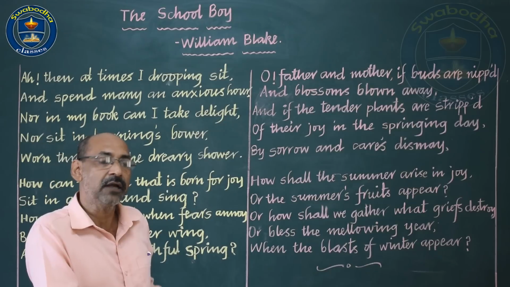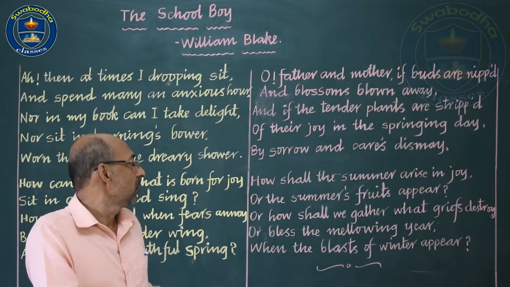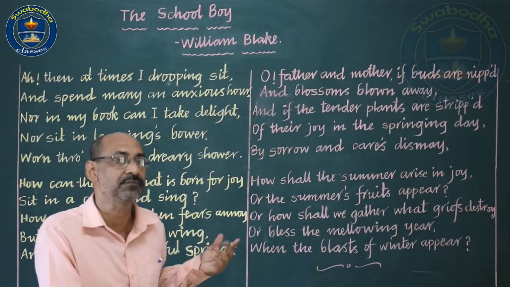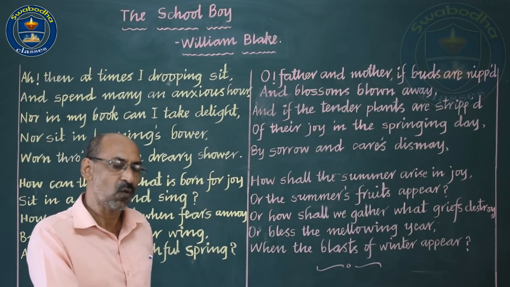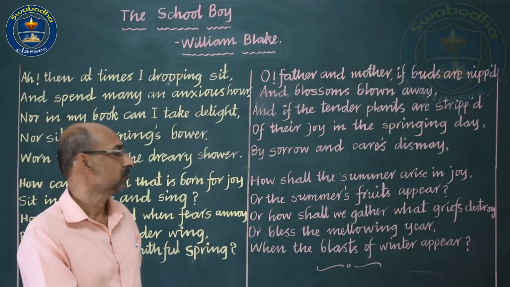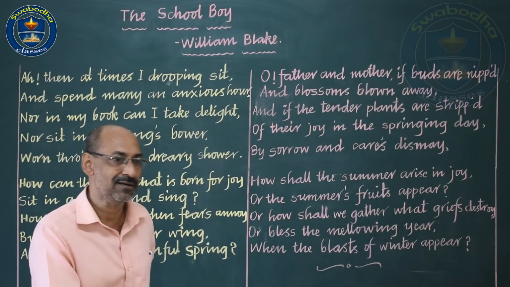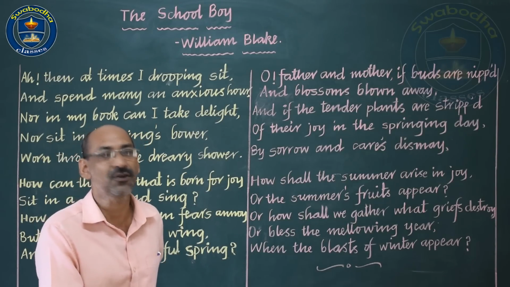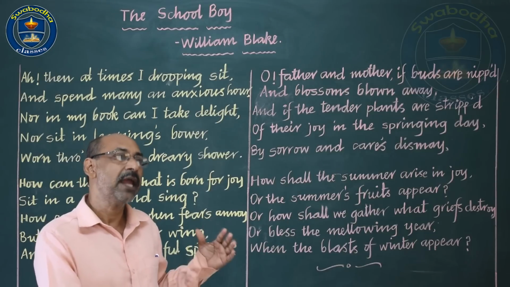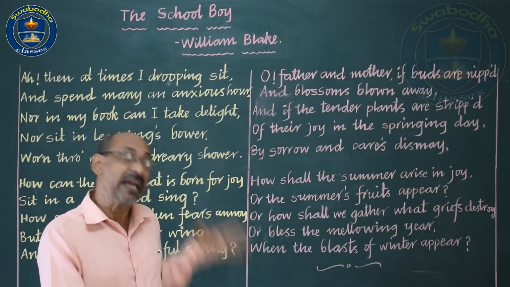Further, I'd like to draw your attention to the last line. By sorrow and care's dismay. What does it mean? Care. Taking too much of care, it spoils the beauty of life. The child needs a space for himself that is completely his own.